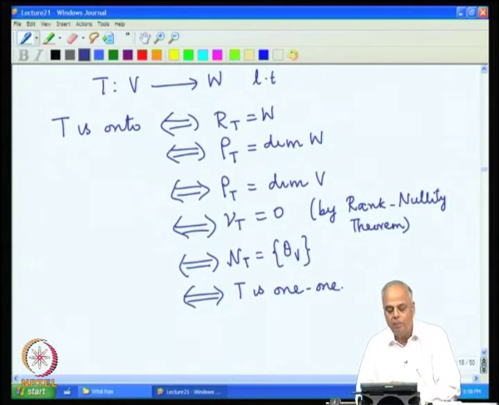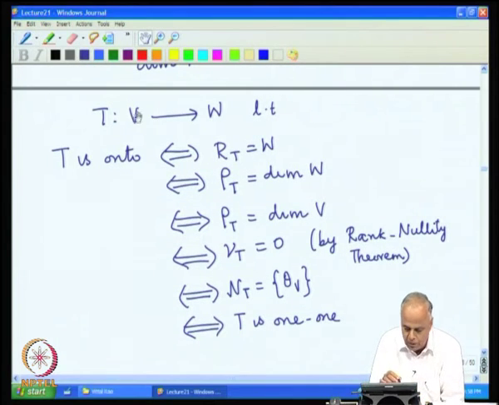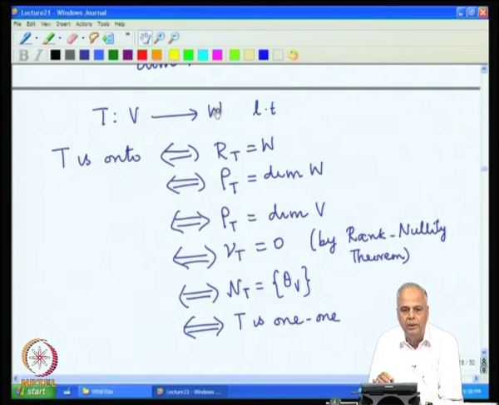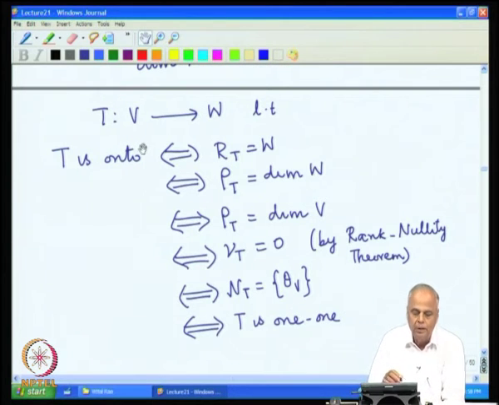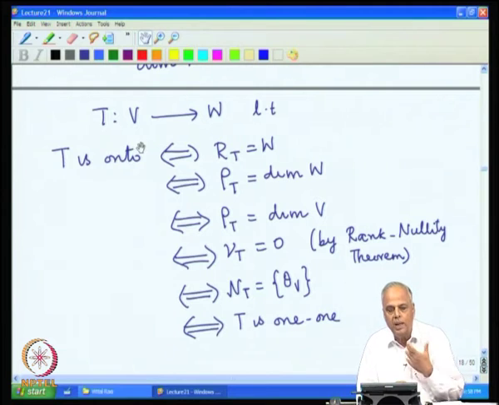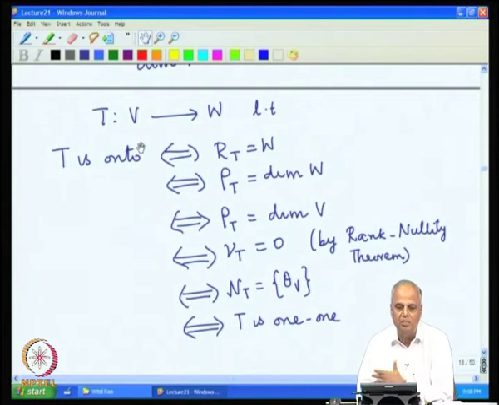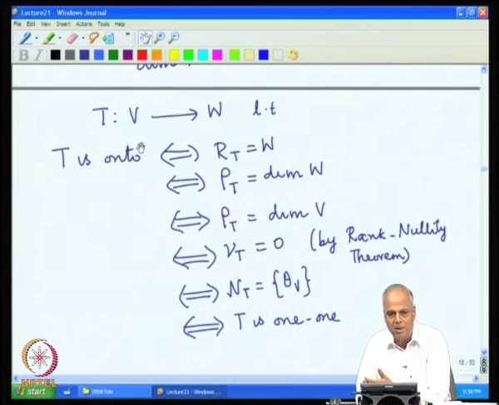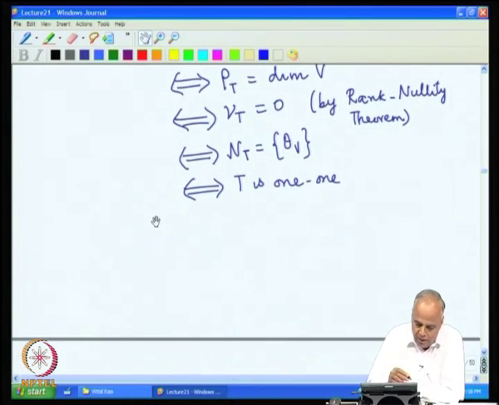So, what we have observed is that if we have two vector spaces of equal dimension, then the moment a linear transformation is onto, it is also 1-1, and the moment a linear transformation T is 1-1, it is also onto. So, an onto transformation is automatically 1-1 and onto, a 1-1 transformation is automatically 1-1 and onto. Therefore, every 1-1 transformation will become an isomorphism, every onto transformation will become an isomorphism.